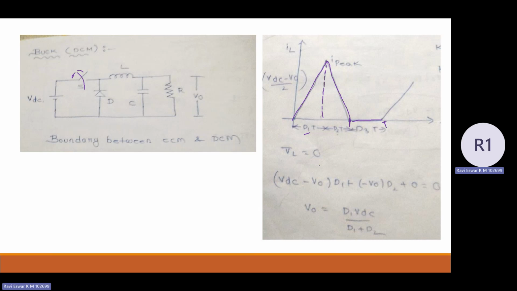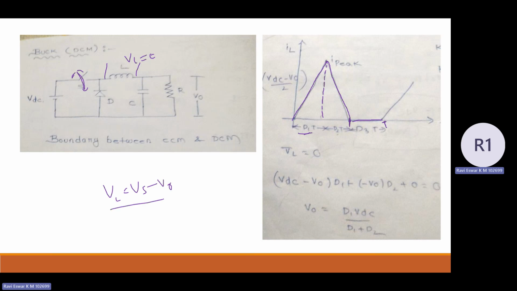During that time, definitely the voltage across the inductor is also zero, because if there is no current flowing in the inductor, the voltage across it is also zero. Now let me apply KVL and the principle that the average voltage across the inductor is zero. In mode 1, when I turn on the switch, VL is given as Vs minus V naught. Here it is mentioned as VDC; you can take Vs and VDC as the same.